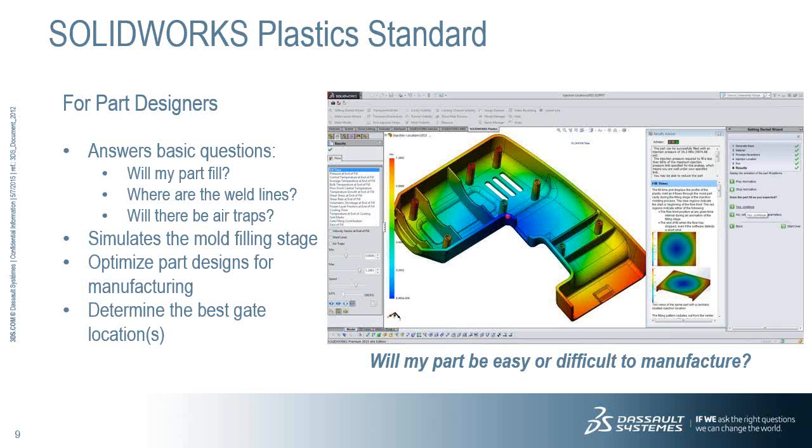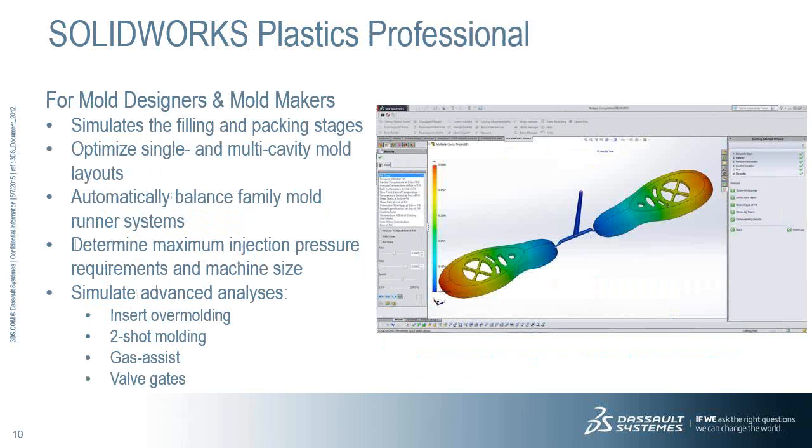The animation is also provided of the profile of the melted plastic as it flows through the mold, so it's as if SolidWorks Plastics provides a window into a mold, because without simulation, it's very difficult to understand what's happening inside your mold. I can just take sections, but without animation, I cannot see how it is going to fill all those things. So next one is SolidWorks Plastics Professional.